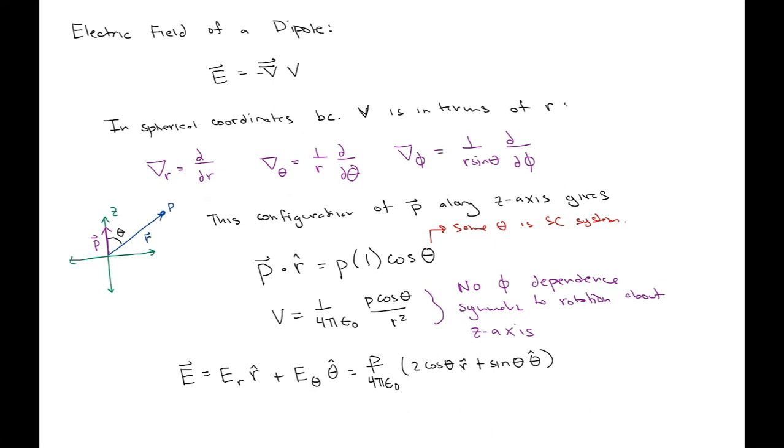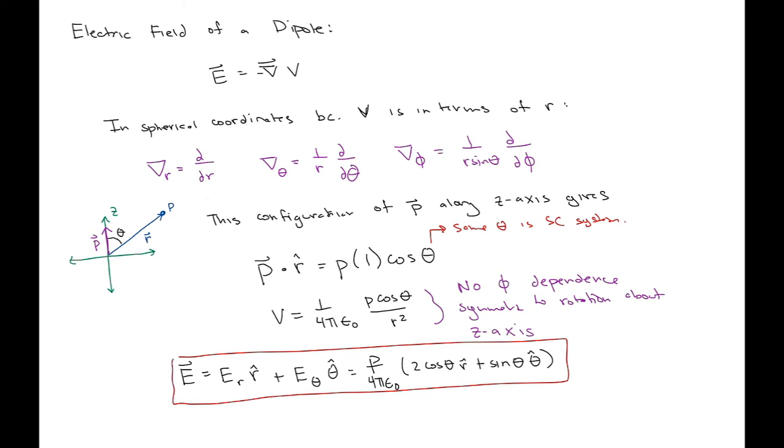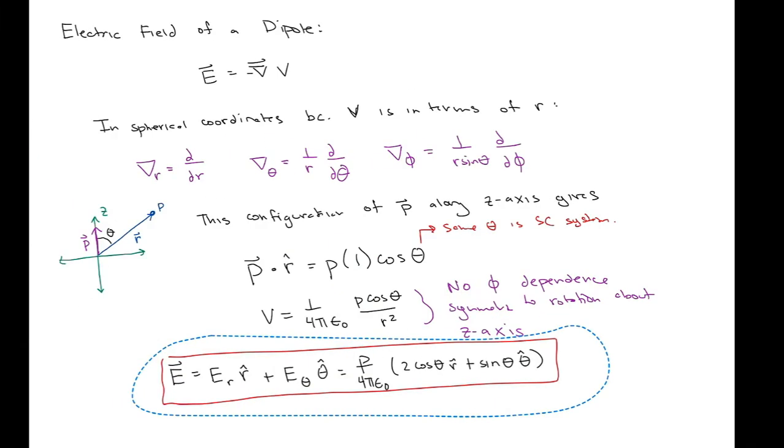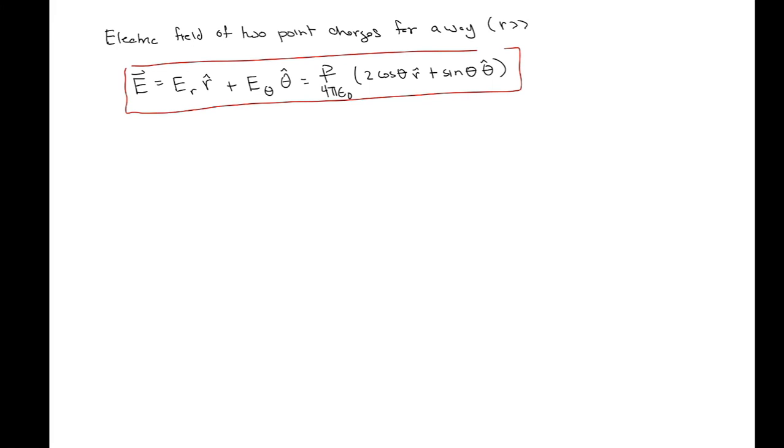That's our electric field of a dipole consisting of two opposite charges, as long as we are, again, far away. That's actually worth noting, because that's kind of the whole point of this multipole expansion. So this is for r much, much greater than d. This is a special case. If I were really, really close to those two charges, the electric field would actually diverge from this.